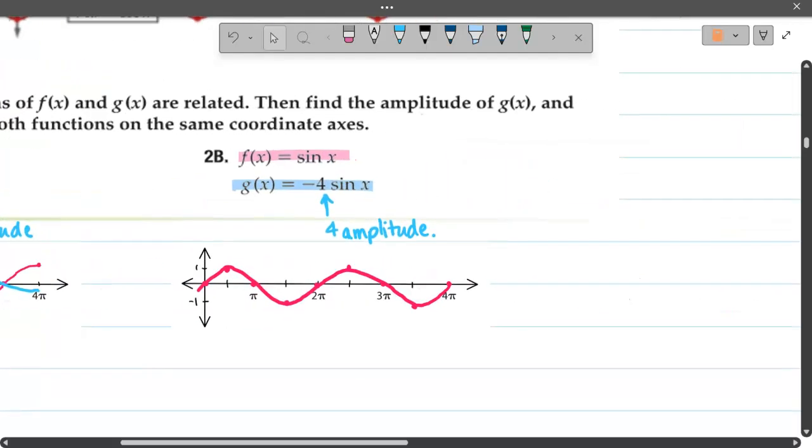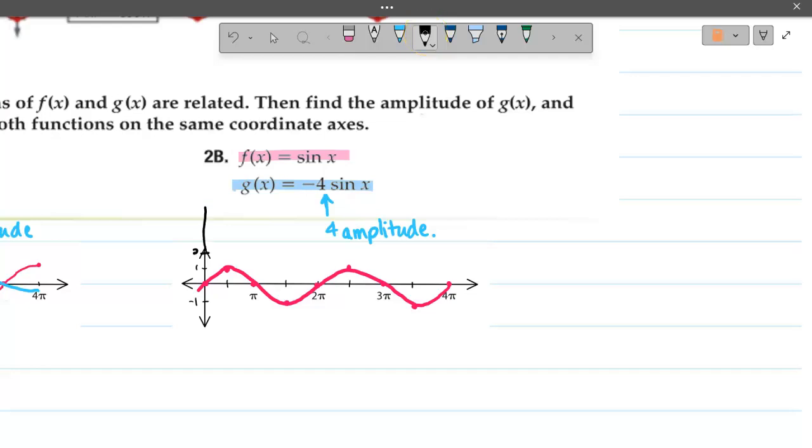Over here for sine, again, we're probably going to need to add a little bit to our graph here, make it a little taller, because we see that amplitude of 4. So we're going to have to go as high as 4 and as low as -4. But it's negative. So notice that sine usually starts at the origin and goes up. But because it's negative, it's going to start at the origin and go down.